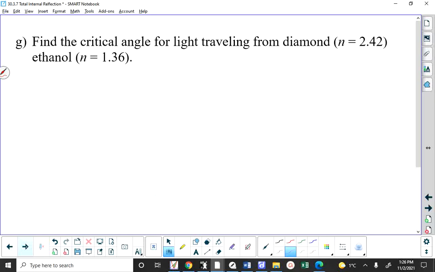G, what is the critical angle for light traveling from diamond to ethanol? I want to point something out to you before we answer this question, that I didn't have to give you the question worded this way.